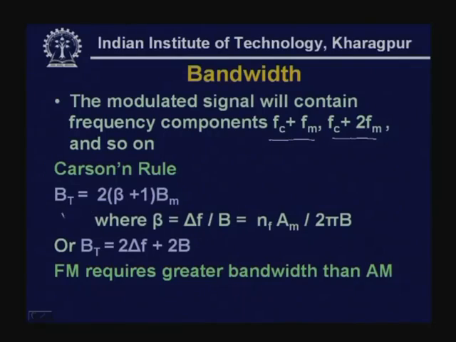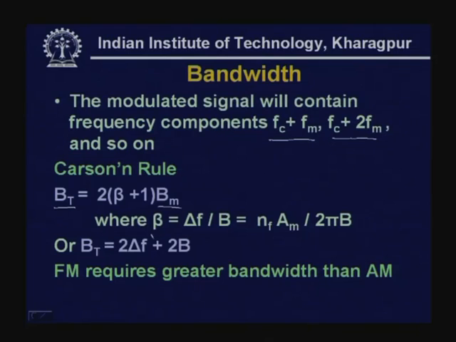So instead of doing that, we can represent the bandwidth by a simplified formula, 2 beta plus 1, within quotes, Bm. So Bt, the bandwidth of the modulated signal, is equal to (2 beta plus 1) times Bm, where Bm is the bandwidth of the modulating signal.